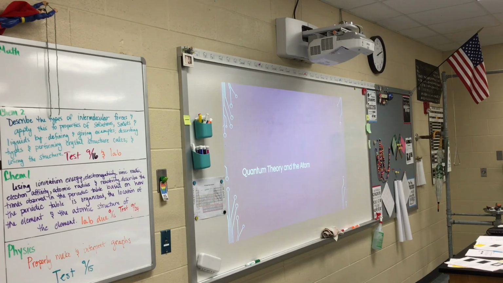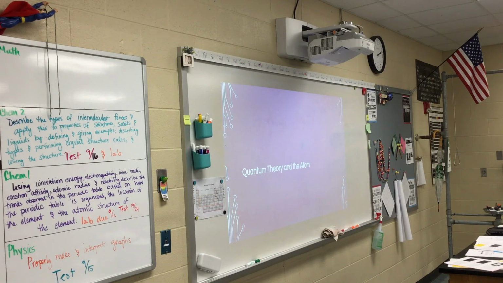So atoms have to lose or gain energy in small amounts, and those small amounts are set. There's not any variation in it. They are this amount, but not a little bit more or a little bit less. It has to be a very specific amount. Now, Max Planck's work showed us a relationship between the light frequency and the energy that's carried by that light. We can use his equation, E equals h nu, to calculate the energy that's carried by a specific frequency of light.